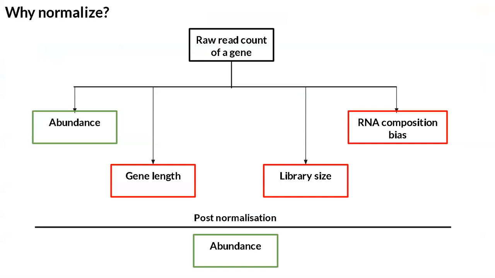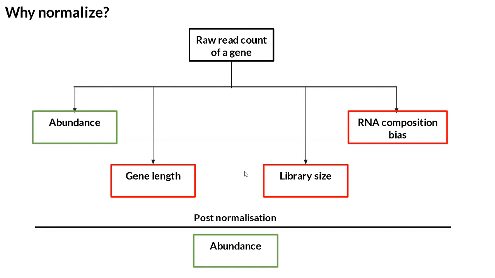Now the raw read count of, let's say, a given gene, the first gene that we saw, the first row, could be a result of so many things. What you're seeing over here in the green is the thing that you want to arrive at. The whole reason why you did this exercise of assigning the read counts to particular genes after mapping was to get to this abundance.